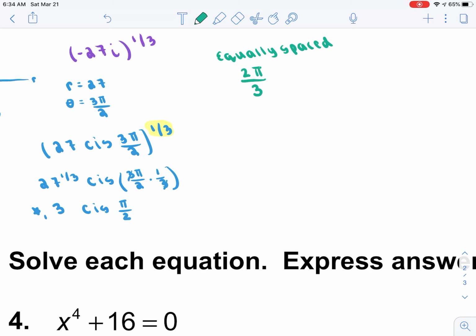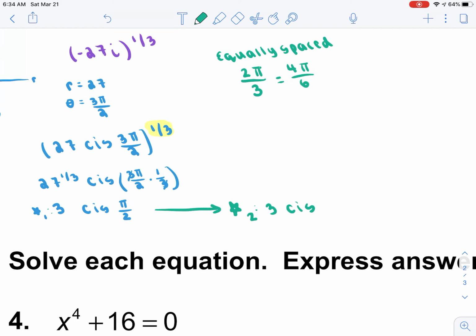So that means that I can take that first solution, and to get to the second solution, I am going to rewrite the 3, let me put a notation there so you can see the separation, 3 cis. Now I need to take pi over 2 and add 2 pi over 3 to it. So you can think in terms of common denominators. This is really 4 pi over 6.